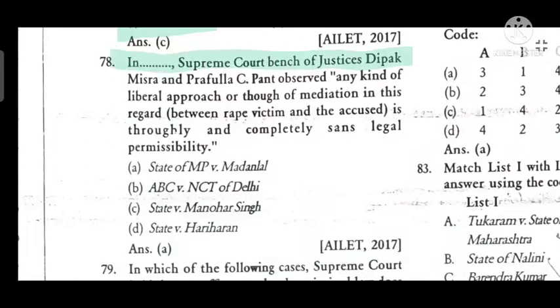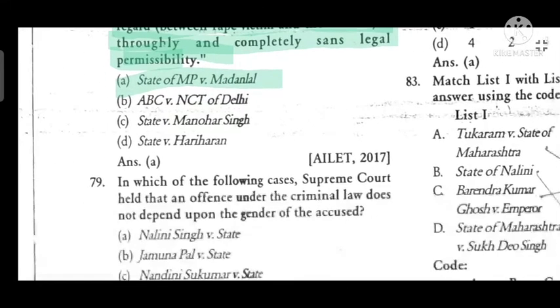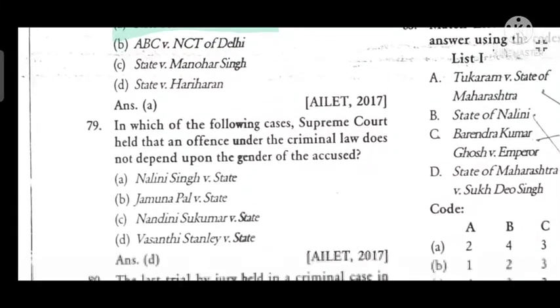In the Supreme Court, a bench of Justice Dipak Misra and Prafulla C. Pant observed that any kind of liberal approach or mediation between the rape victim and the accused is thoroughly and completely impermissible in law. State of MP versus Madan Lal.